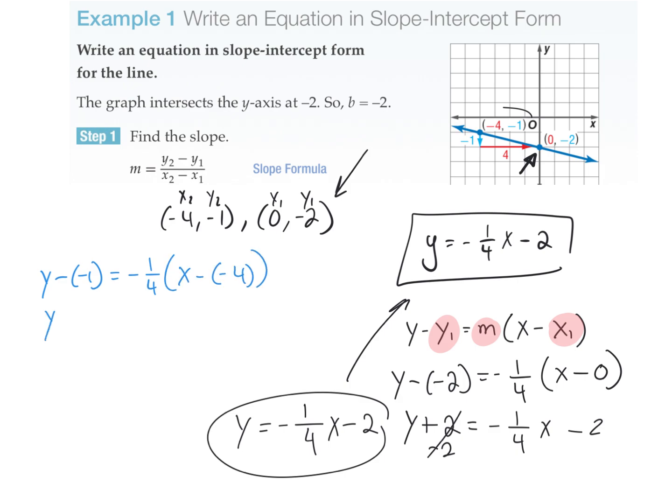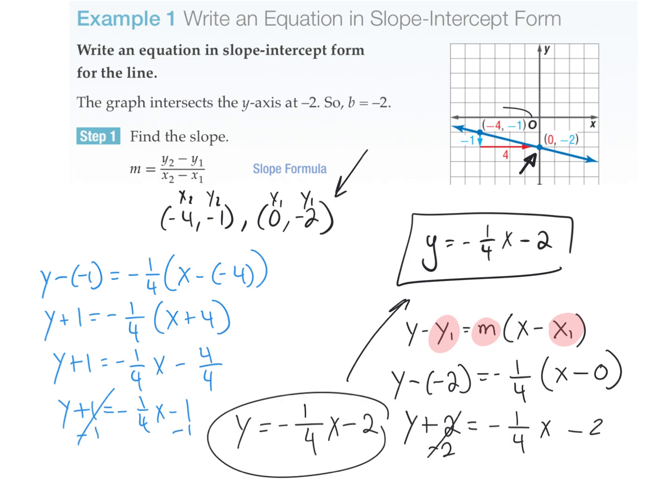So we're going to get y plus 1 equals -1 over 4 x plus 4. Then I can distribute the -1/4 to get y plus 1 equals -1 over 4 x minus 4 over 4, which simplifies to 1. So y plus 1 equals -1 over 4 x minus 1. When I subtract the 1 on both sides, I still end up with y is equal to -1 over 4 x minus 2.